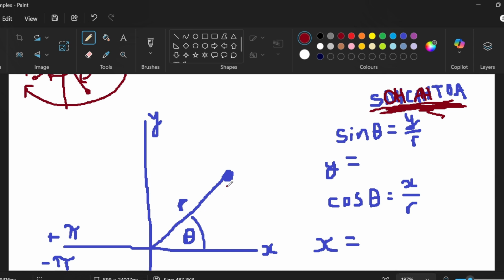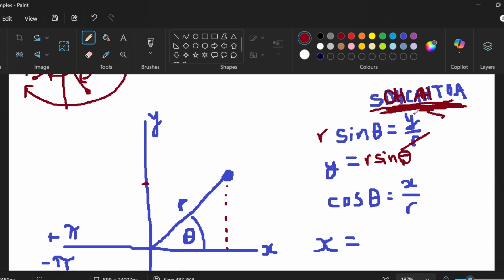If we imagine this is a sort of triangle, then the sine of this angle is my opposite, which equals my y-coordinate, divided by my modulus, which is my hypotenuse. If I multiply both sides by r, I get that y is equal to r sine theta.